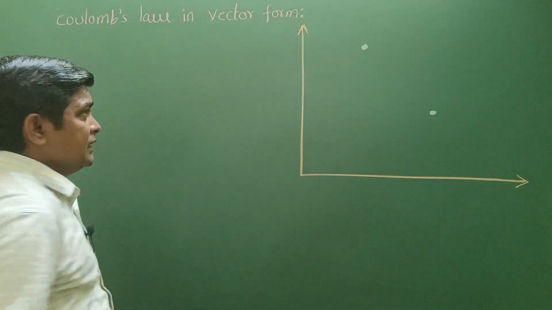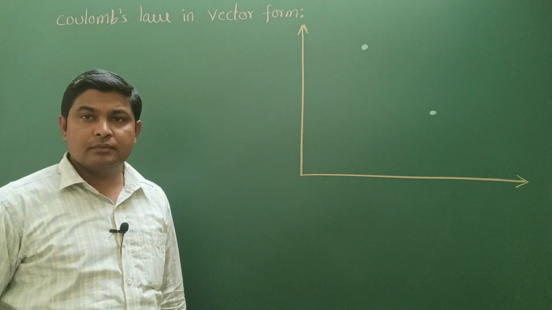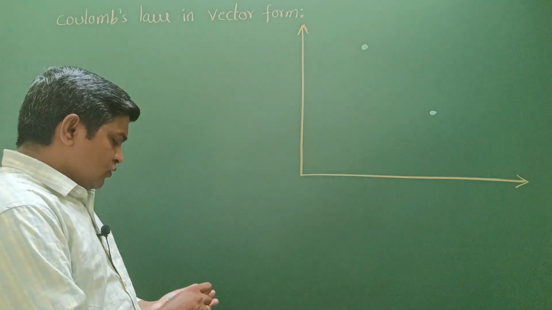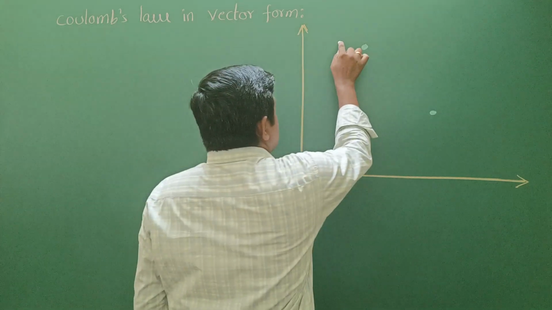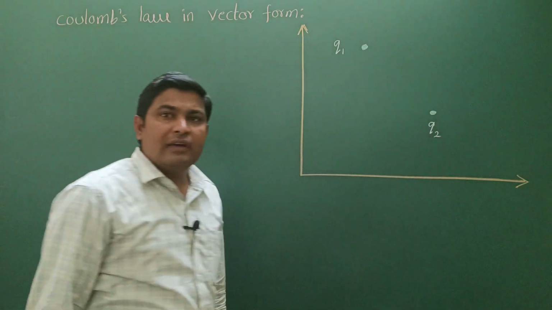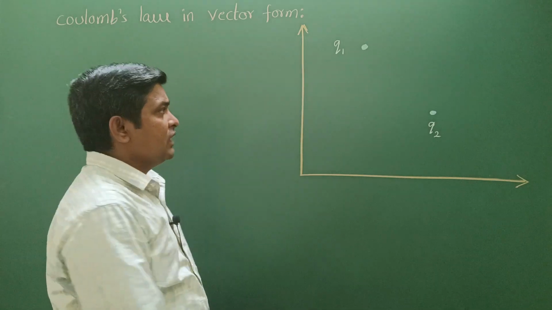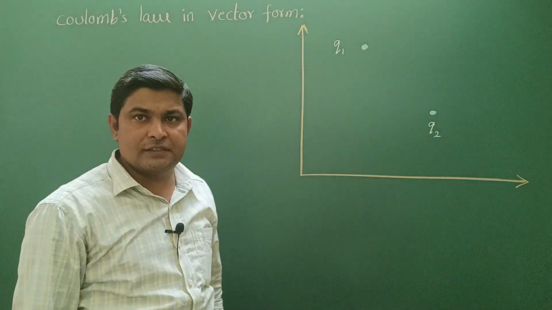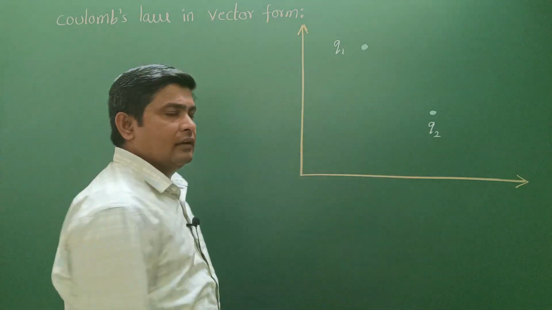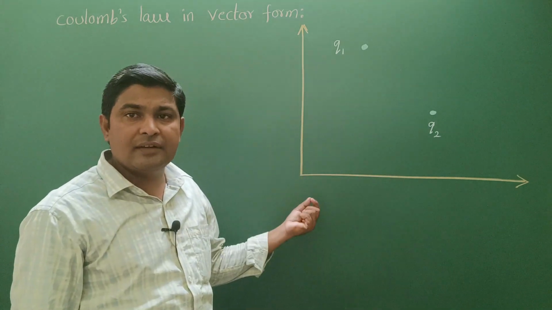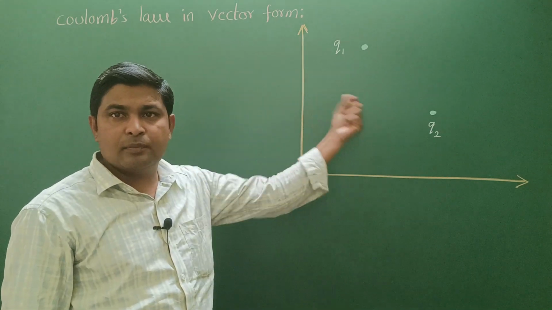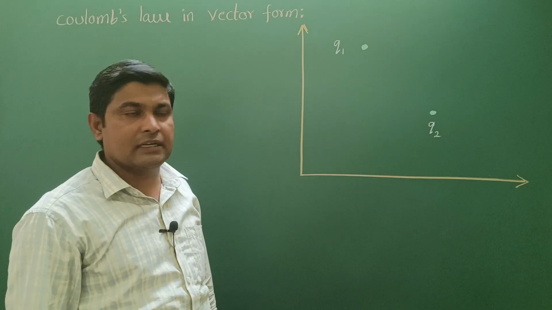What Coulomb's law is dealing with is the force between two charges. Those two charges are like this: charge q1 and charge q2. Where are these two charges? They are at some positions. To identify those positions clearly, we have taken a reference, and from that reference we can understand where q1 and q2 are.